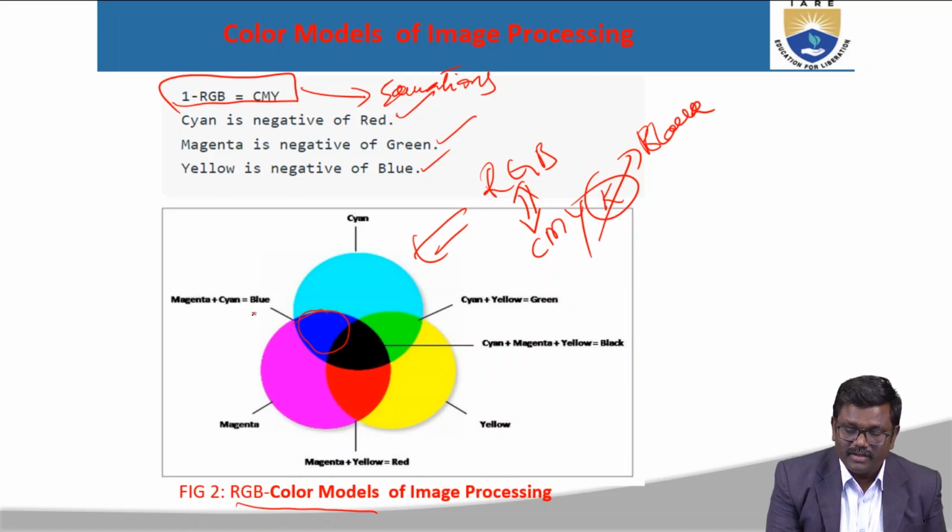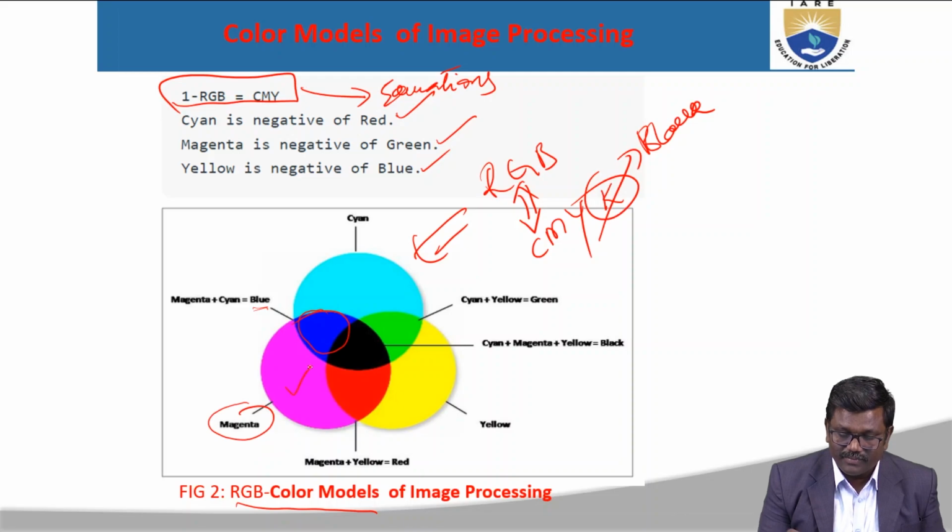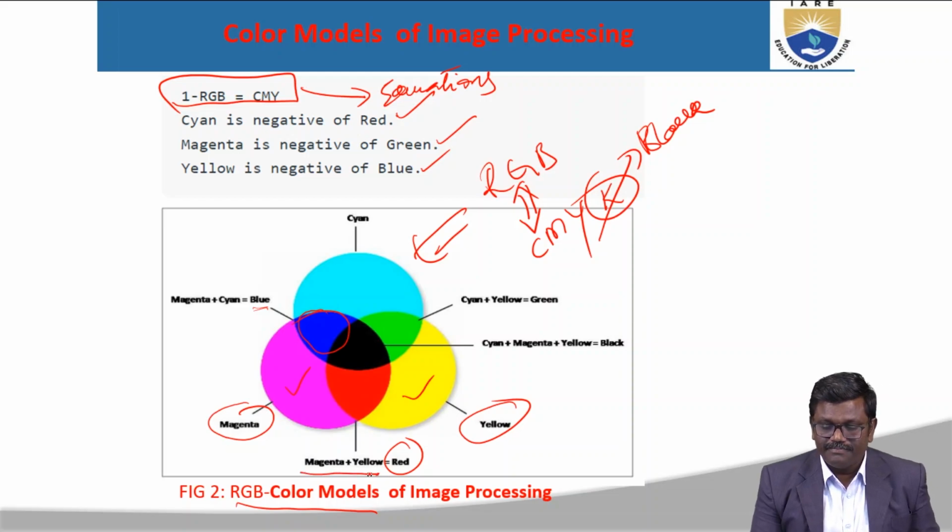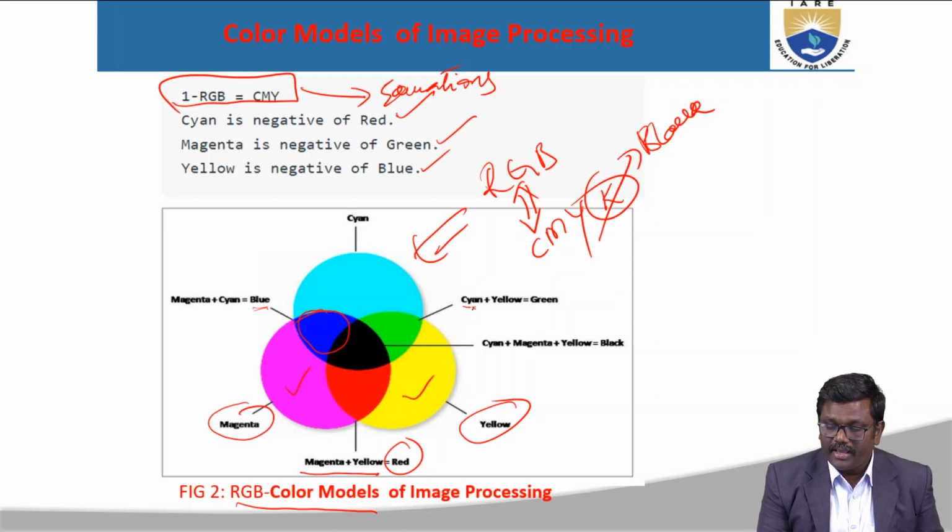We got this color alone, blue, and this color alone, magenta. Yellow, you know. So red, you know. How did you get yellow? Magenta plus yellow. Cyan plus yellow is green.